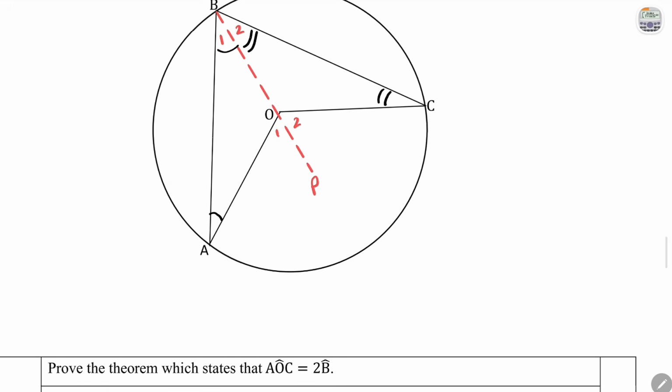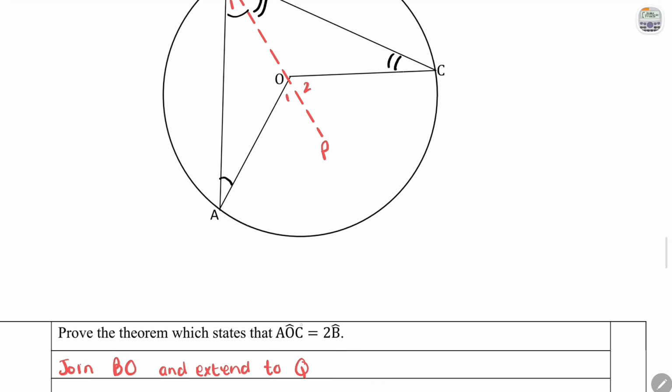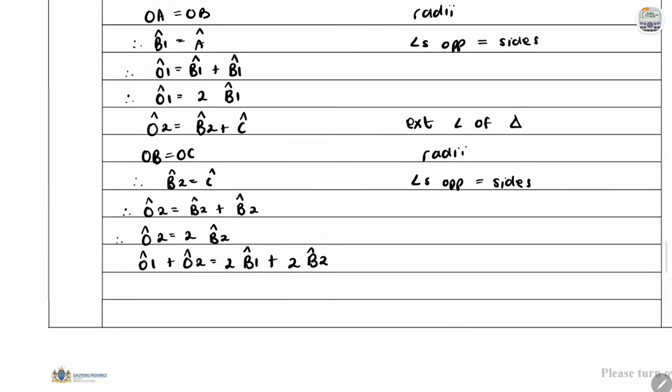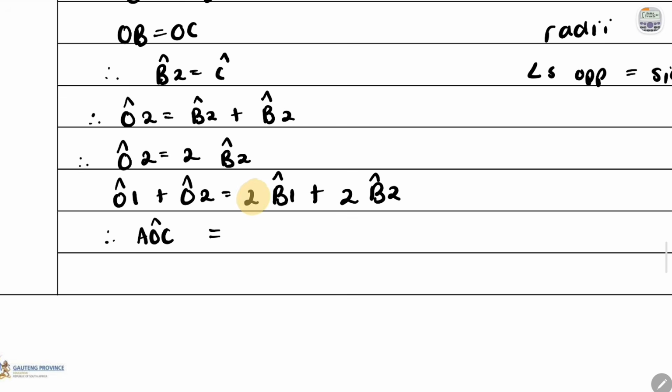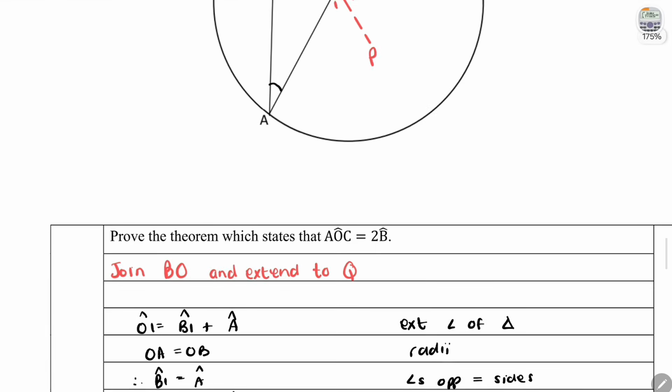But here's the thing, angle O1 plus angle O2 make up that angle AOC. So in place of O1 plus O2, we'll say that this is actually angle AOC, and this is equal to, now notice that we have a common factor of 2 here. So we'll take it out as a common factor, and what are we left with? We're left with angle B1 plus angle B2. And now angle AOC equals twice the size of angle B1 plus angle B2.